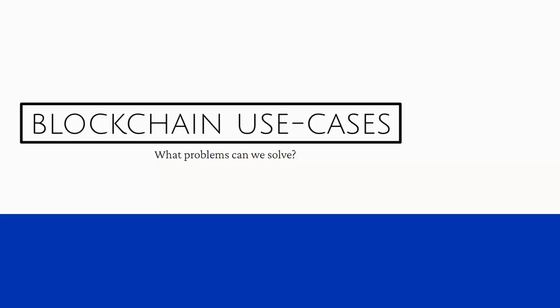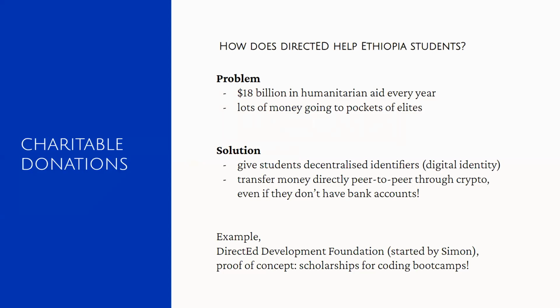So, what sort of use cases are there for Cardano? One of the people who set up this society is helping students in Ethiopia. There's 18 billion of humanitarian aid according to him, and a lot of money is mismanaged.